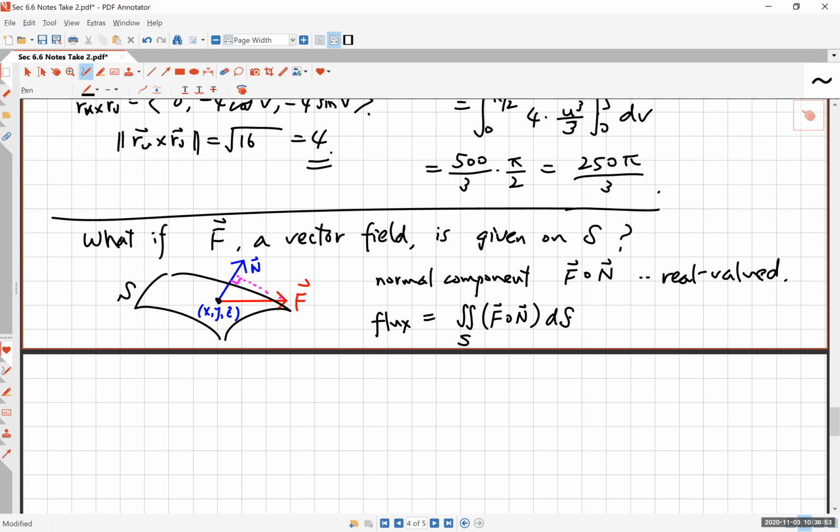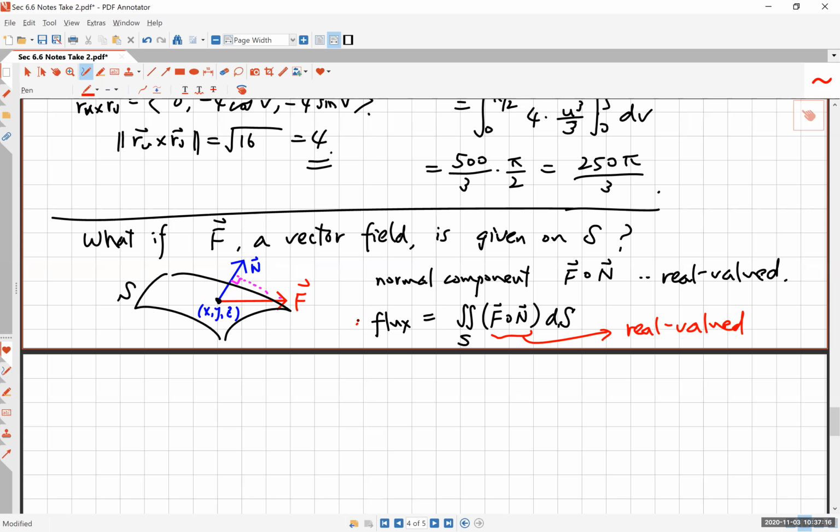So this has to be the definition of the flux integral. If you are asked to calculate the flux integral, this is what you're calculating. It is basically the surface integral where the real valued function you are integrating is the normal component of the vector field F, which is F dot n, right?